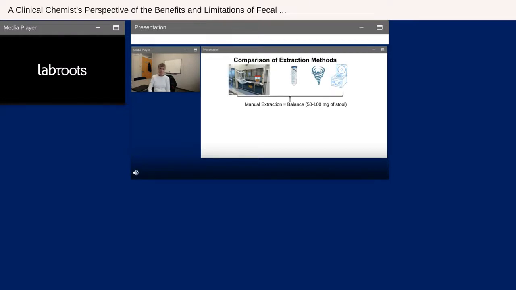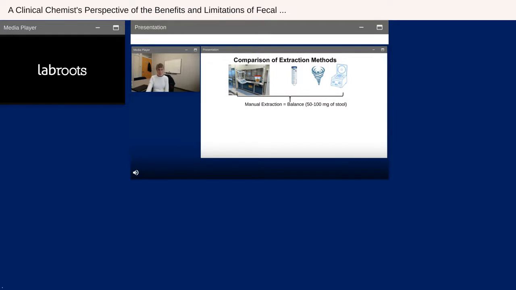Another thing that's important to consider is the method of extraction. Extraction is the process of putting the stool into some buffer and then rigorously shaking it to extract the calprotectin from the stool. The gold standard is the manual extraction process. Usually we do all of our stool extractions within a hood.